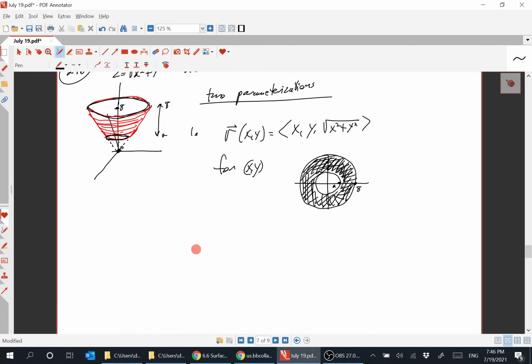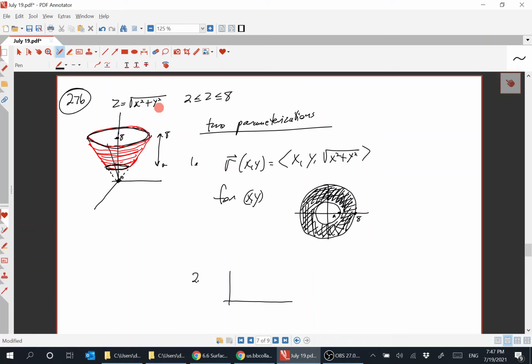All right, and then this rotational thing. So again, this cone, the slope of the sides is 45 degrees. Right? If you let x equal 0, you get z is equal to plus or minus y.